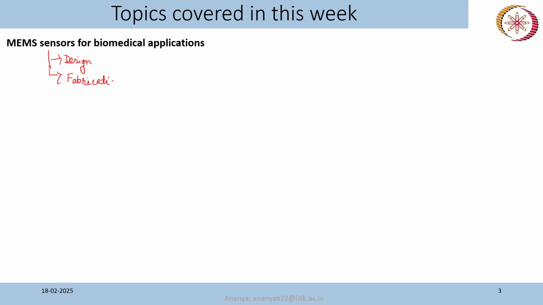Now, why are both of these very important? In design, you want to design a sensor which is very sensitive, precise and accurate. Fabrication is also very important because we are talking about MEMS sensors. These sensors will be in micro and nano dimensions, and there will be different types of structures like cantilever, diaphragm, suspended beam, all in a very small dimension that we cannot even see directly with our eyes. So we need a microscope and other characterization techniques to actually see those structures.